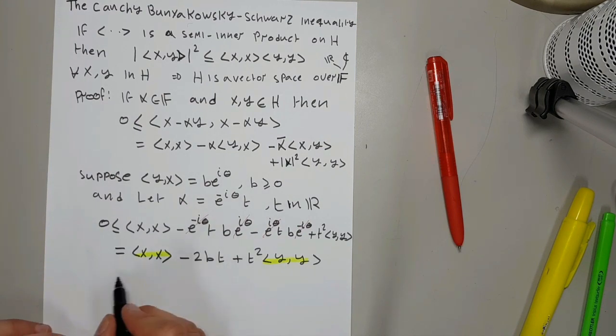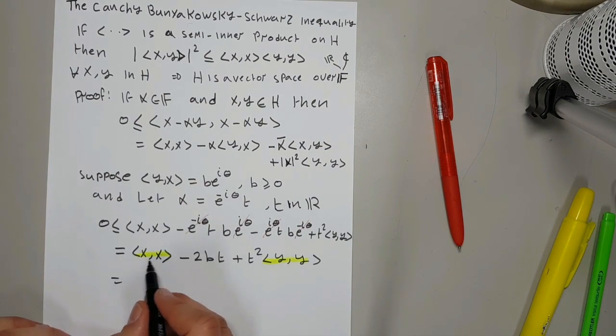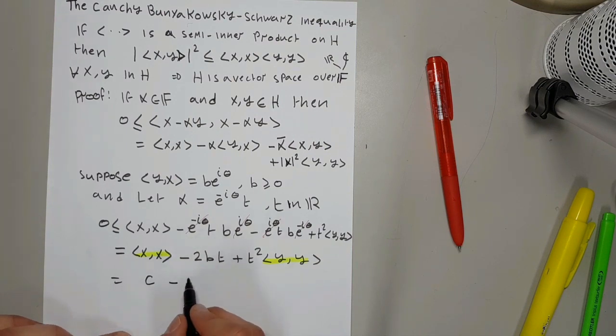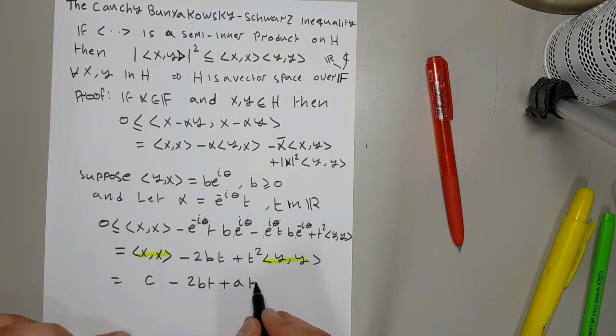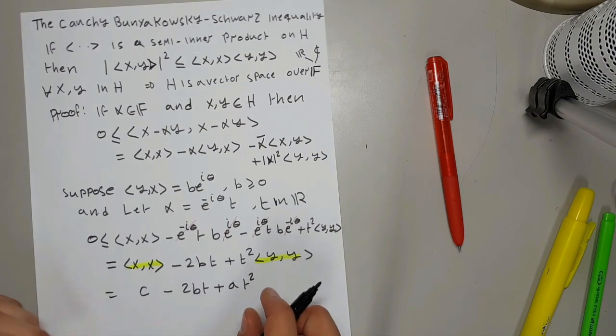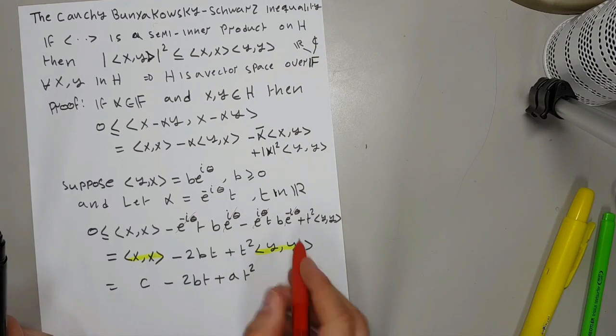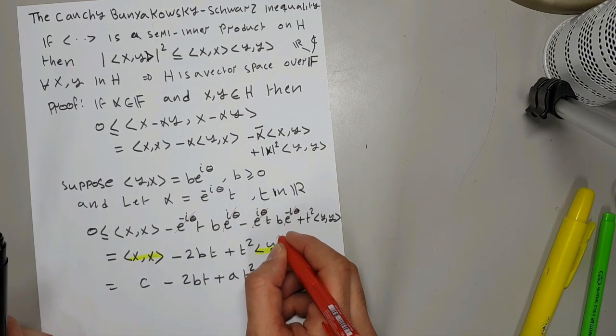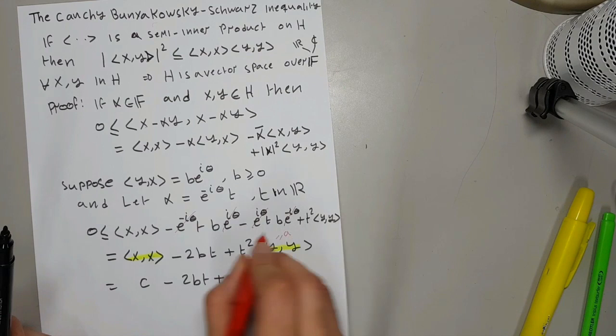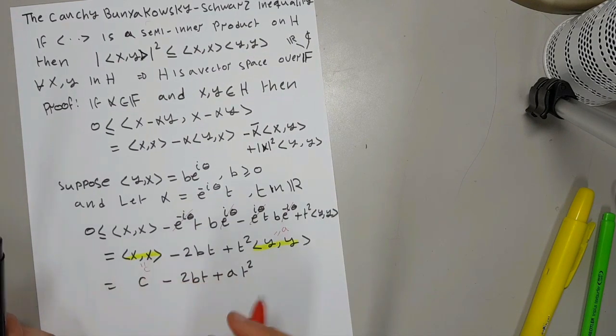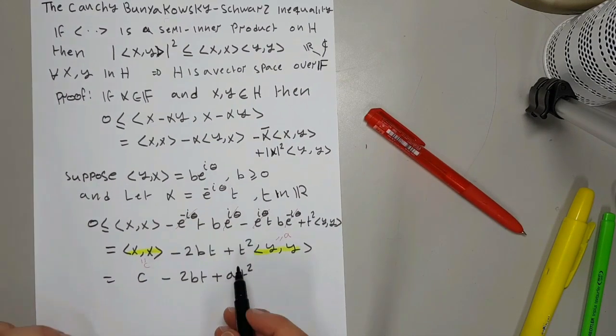Let's replace the semi-inner product between x and x with c, so we have c minus 2bt plus a t squared, where a is the semi-inner product between y and y.